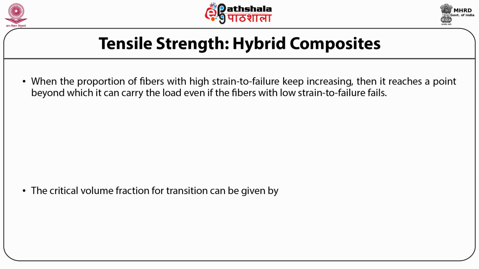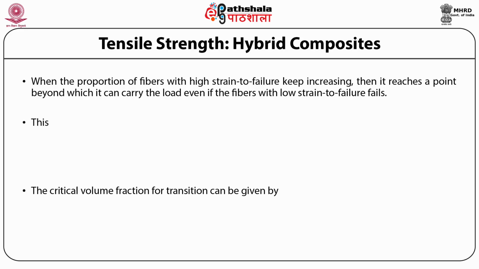high strain to failure. However, when the proportion of fibers with high strain to failure keeps increasing, then it reaches a point where it can carry the load even if the fibers with low strain to failure fail.